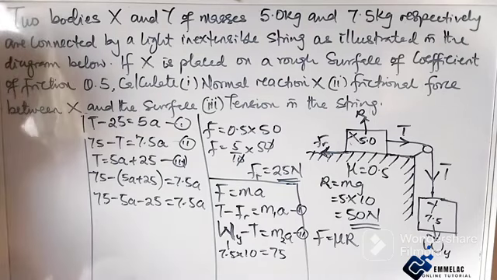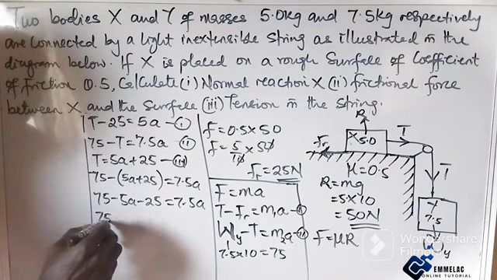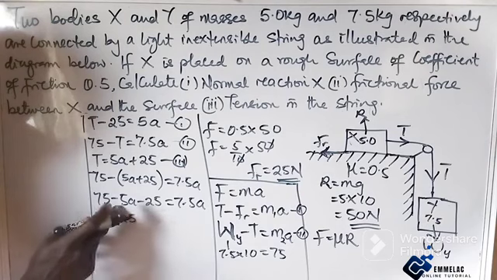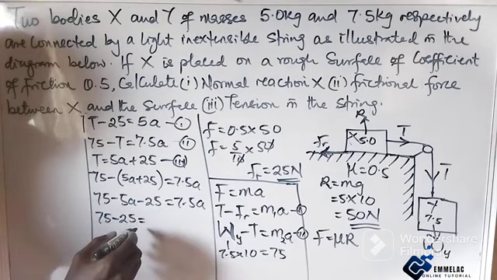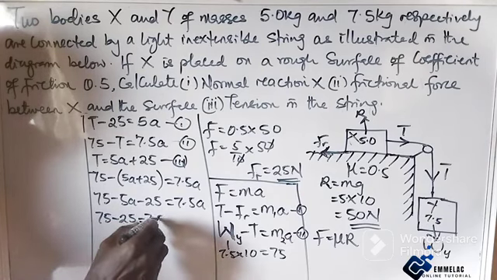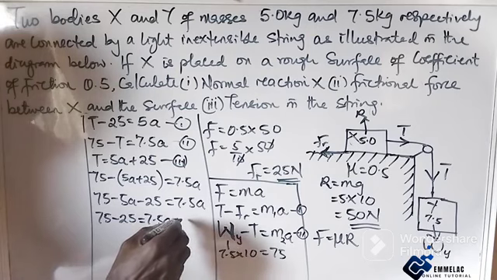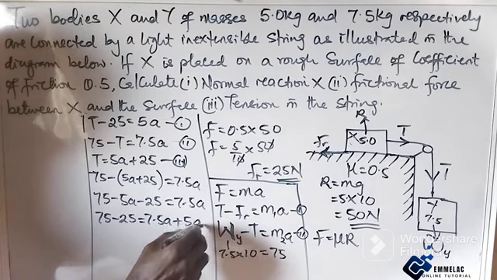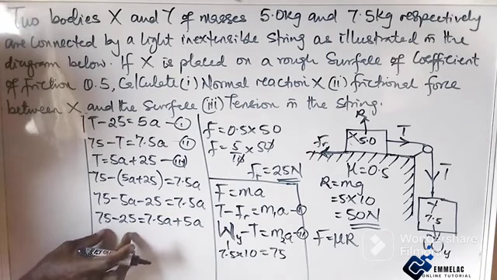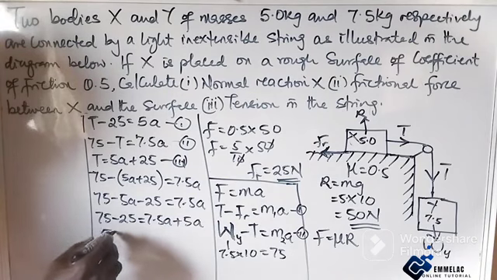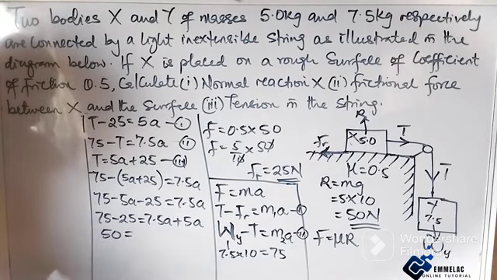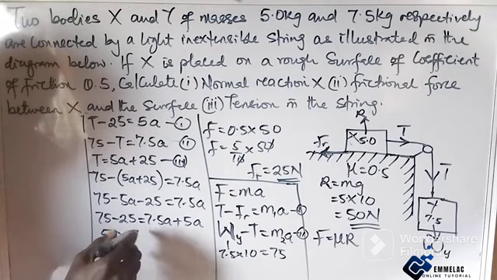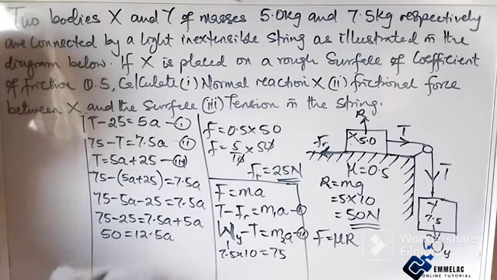Alright, we can now collect like terms. Now you have 75 minus 25. Now this will move to the right hand side. So here you have 7.5a plus 5a. As such, this will give us 50 equals 12.5a.